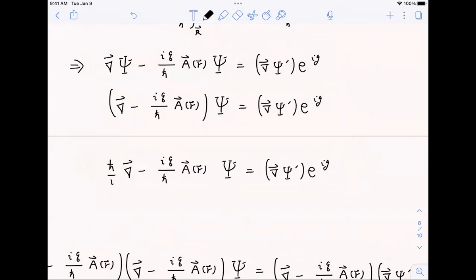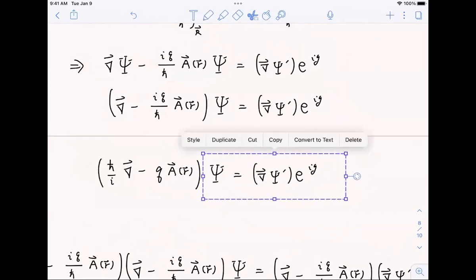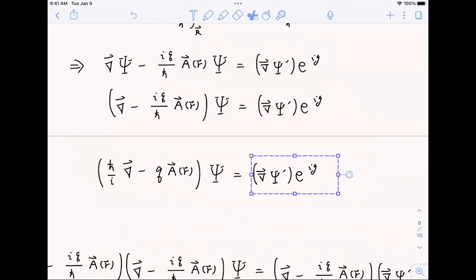Times h bar over i, then here, and minus q. Then here you put it here.